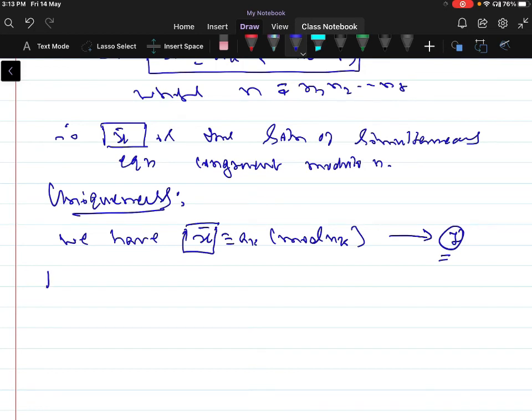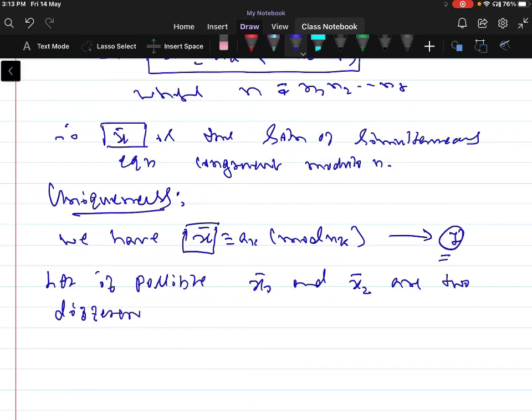If possible, let x1 bar and x2 bar be two different solutions of equation 7.